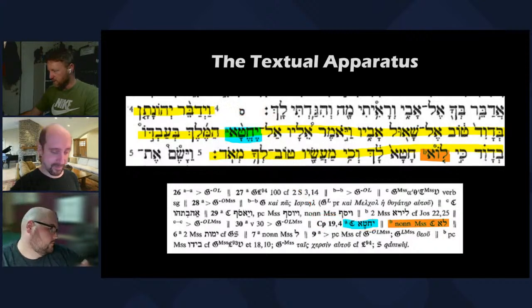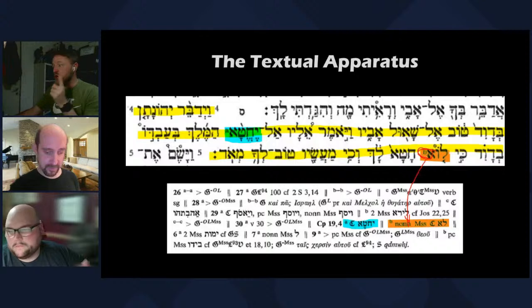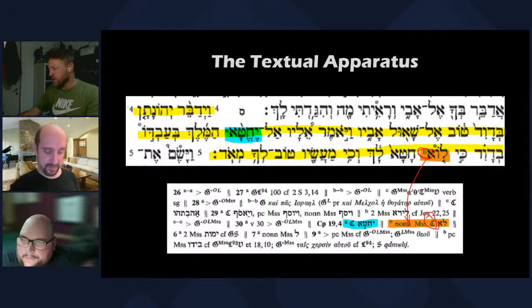And for letter B right here, if we go down to B, it says non nulli manuscripti. This is not no manuscripts. That means there are some manuscripts, together with the Cairo Geniza again, that say lo, without the vav.